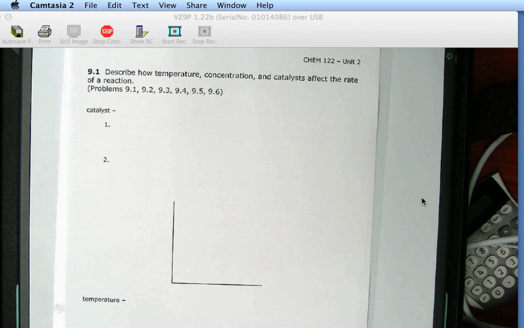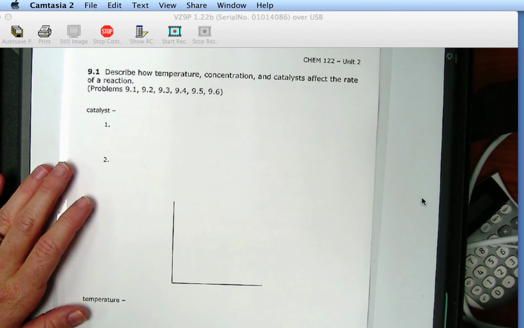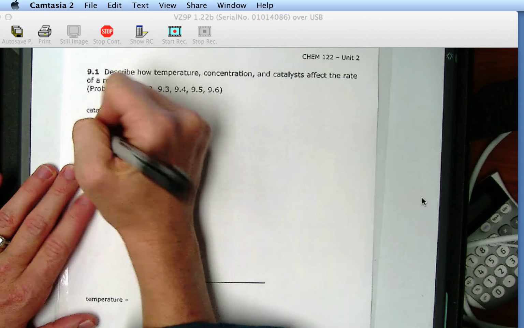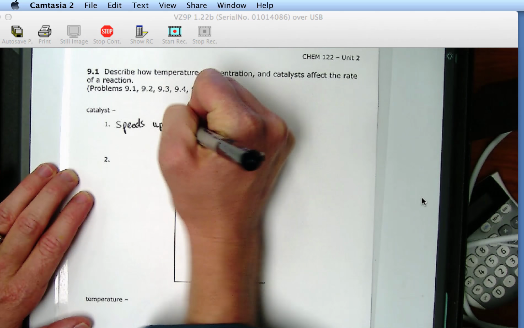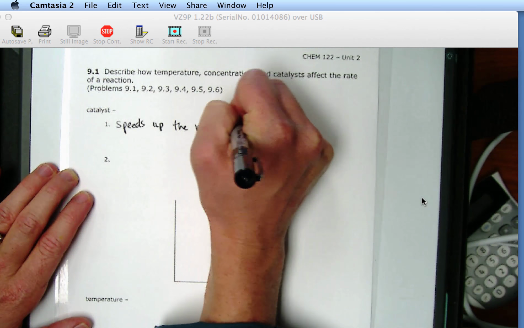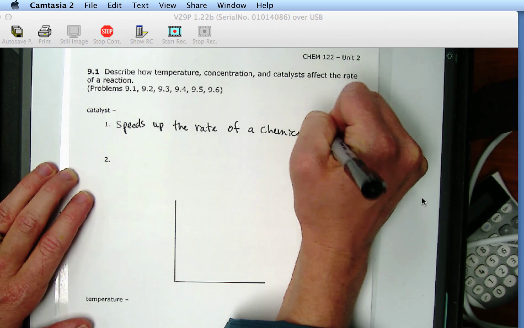And you probably heard about catalysts when you took biology courses or your physiology courses, whatever it may be. The first definition I'm going to give you is it speeds up the rate of a chemical reaction.